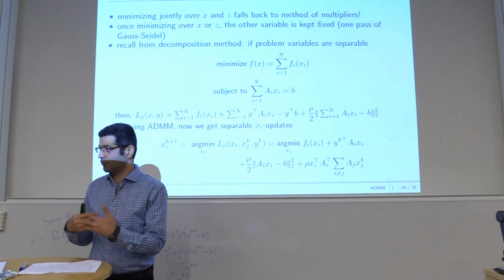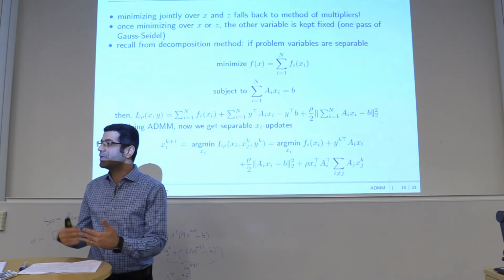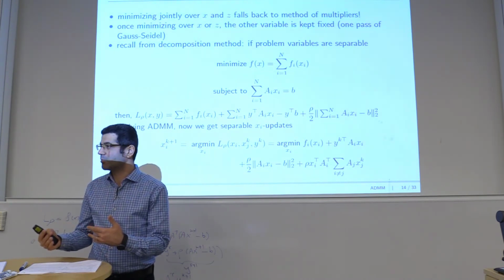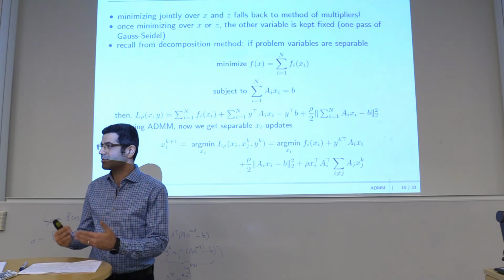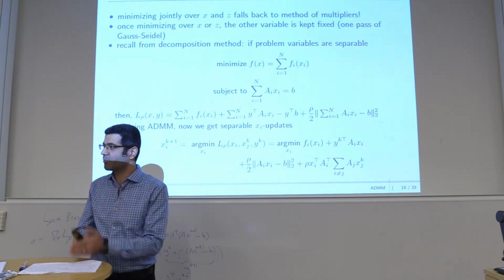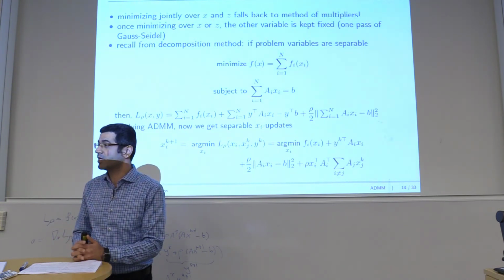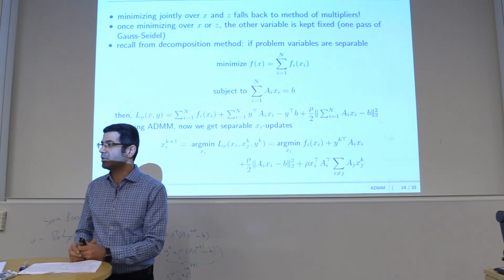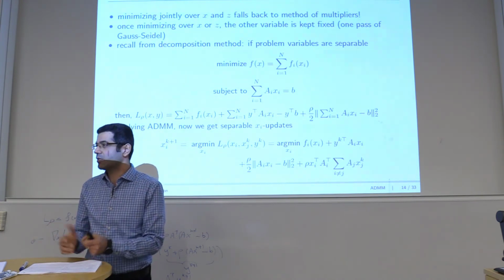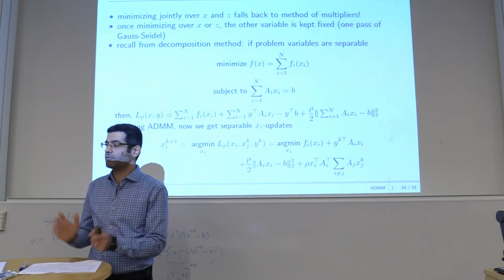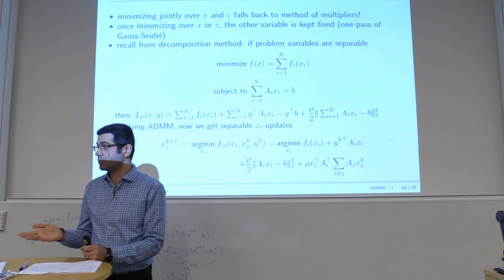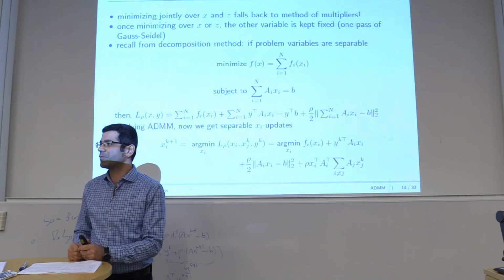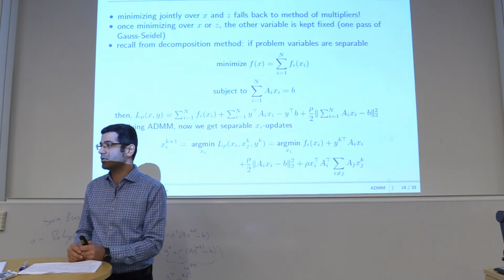If you apply this technique, the basic theory of the augmented Lagrangian doesn't hold anymore, because that assumes that you minimize the augmented Lagrangian with respect to all of the primal variables, right? But one of the first tricks that comes to someone's mind for how to split this problem is to do something like Gauss-Seidel.